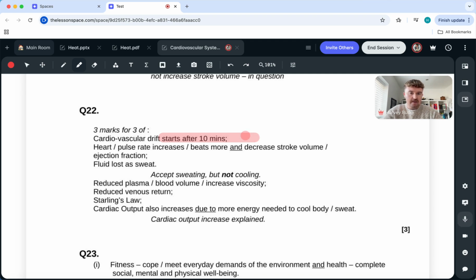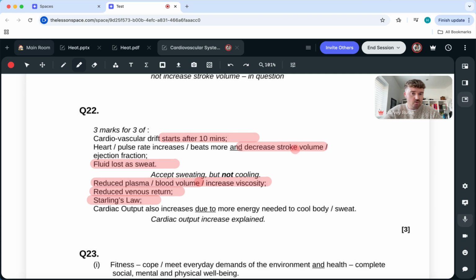And again, it's a bit of a weird order, but I would start by saying you're losing more fluid through sweating. That reduces your blood plasma volume, which increases your blood viscosity. That reduces your venous return. And based on Starling's law, that leads to a decrease in stroke volume.